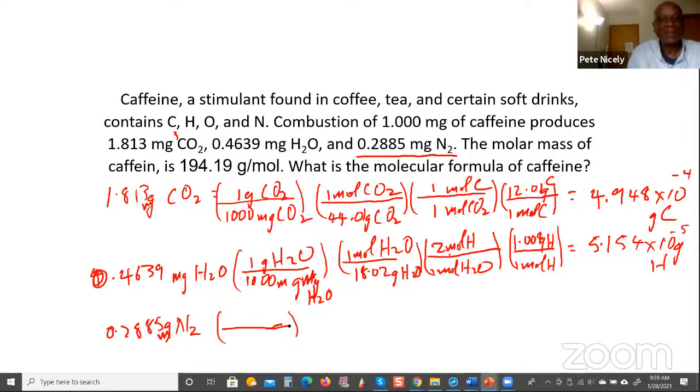So basically to make things shorter, I won't go through any unnecessary steps. We know that 1,000 milligrams of nitrogen is equal to 1 gram of N2, all right? So therefore this becomes 0.2885 divided by 1,000. So that gives you 2.885 times 10 to the minus 4.